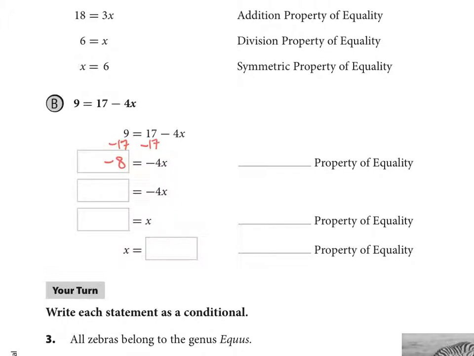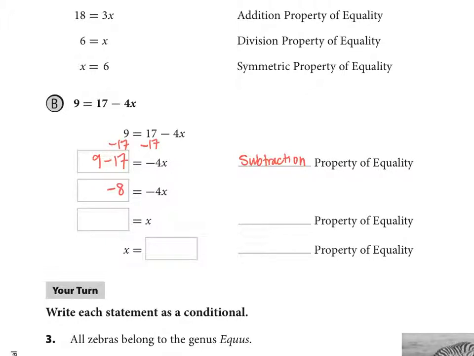To get to that statement, negative 8 equals negative 4x, we use the subtraction property of equality. And actually, I don't like this fill in the blank stuff, so they wanted us to put 9 minus 17 there, and then we combine like terms to get our negative 8. That's why they have that extra statement there.